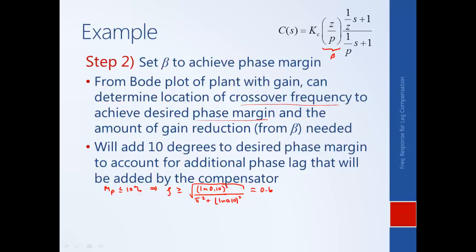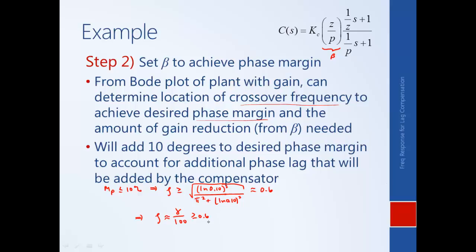If we recall, we know that damping ratio is related to phase margin. And so this relationship is only approximate, and it's worse if we're not dealing with a canonical second order system. But we're going to go ahead and use it as a starting point anyways. So we need our zeta to be approximately greater than 0.6.